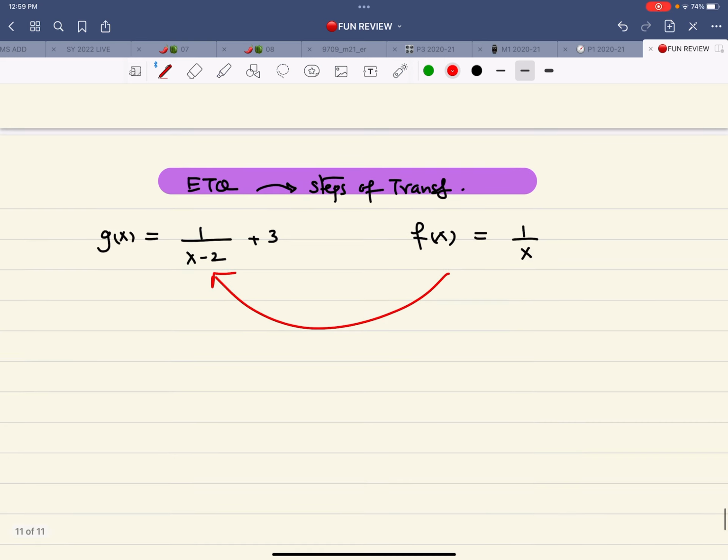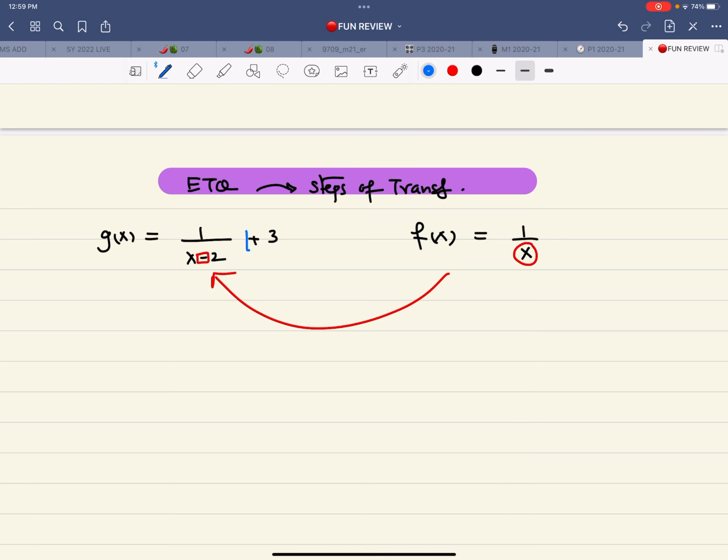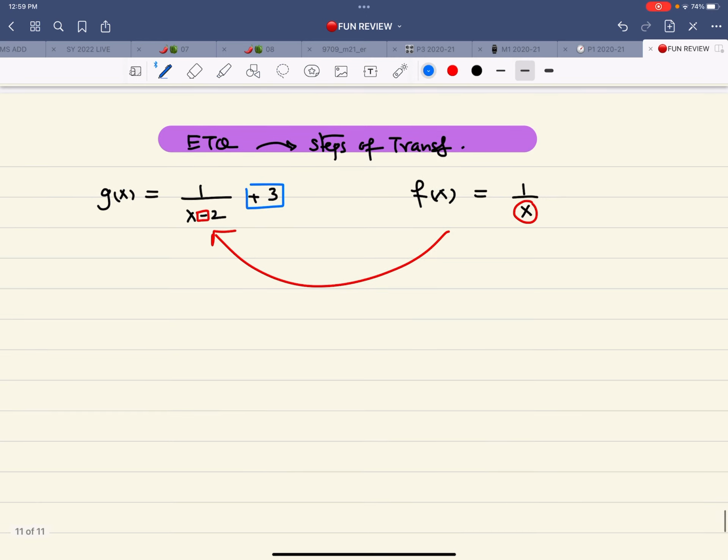First focus on the x, this becomes x - 2. Then focus on this +3. That means, what have you done? f(x) is changed into something else. Let me call this h(x). Then h(x) is changed into g(x).